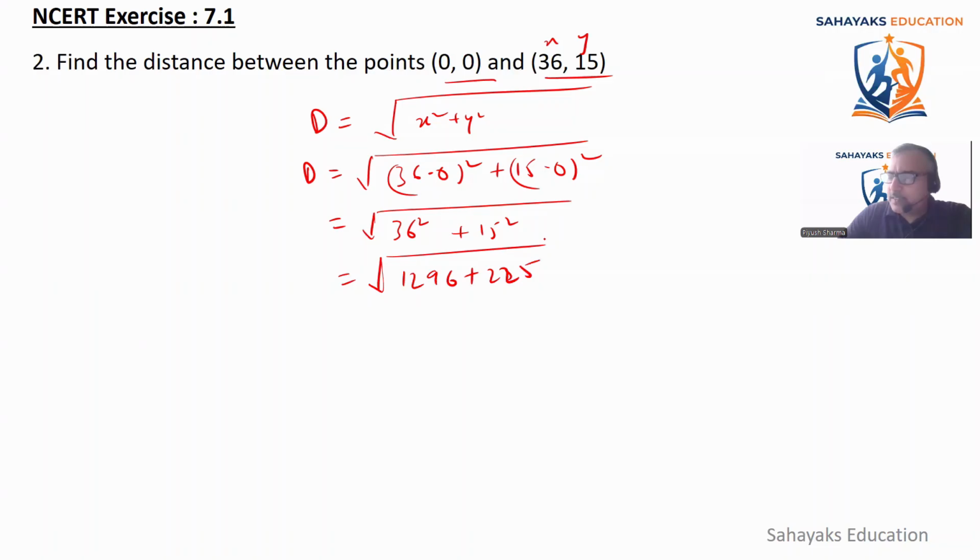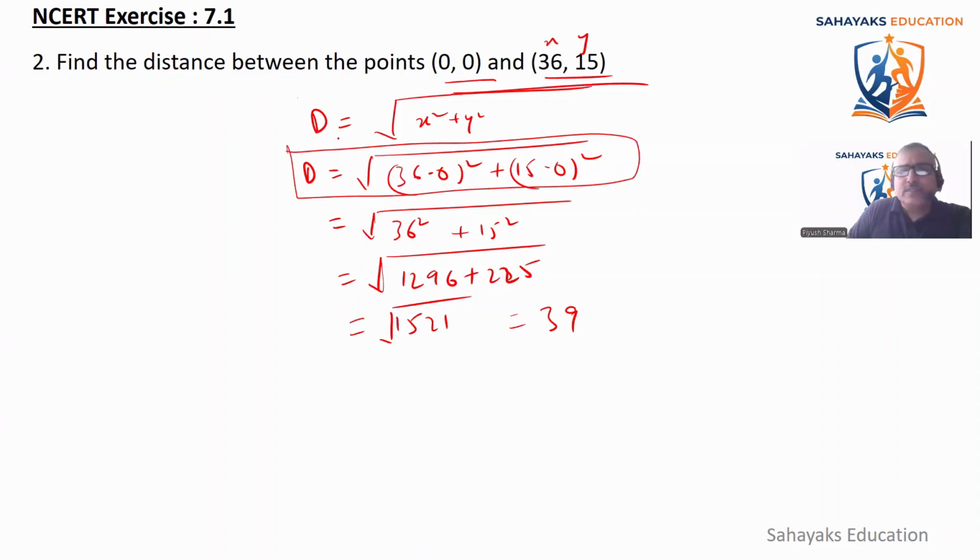So 1296 plus 225 will give 1521. If you take the square root of 1521, this comes out to be 39. So the distance between these points is 39. A little calculation, but you can use this formula itself, or you can use that formula. Any of the formulas you can use here.